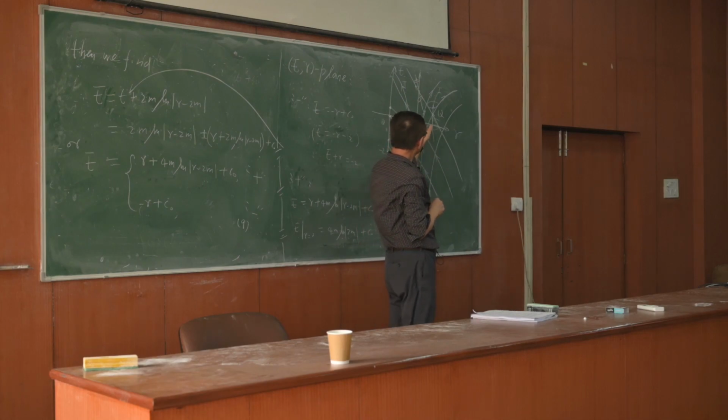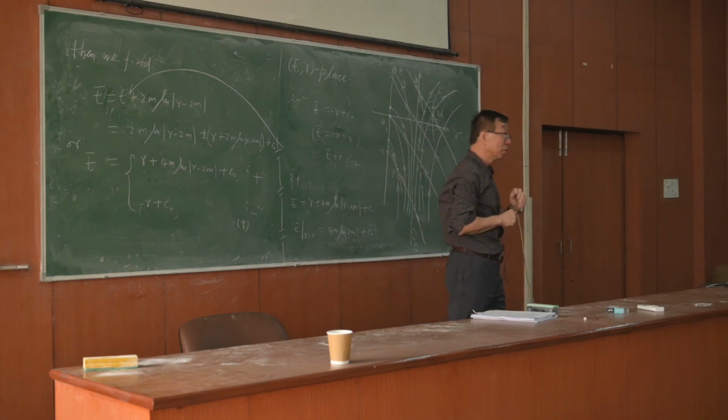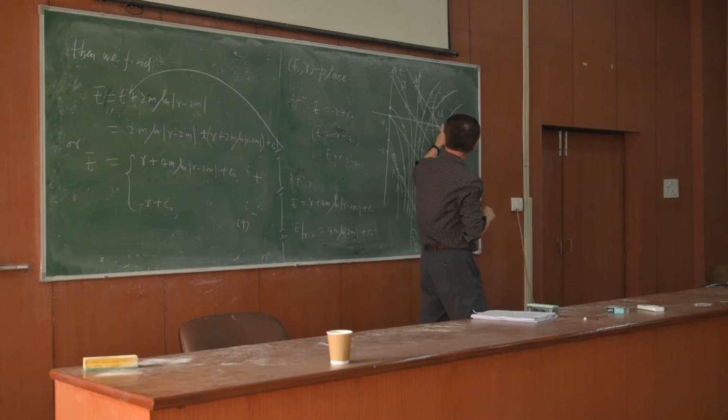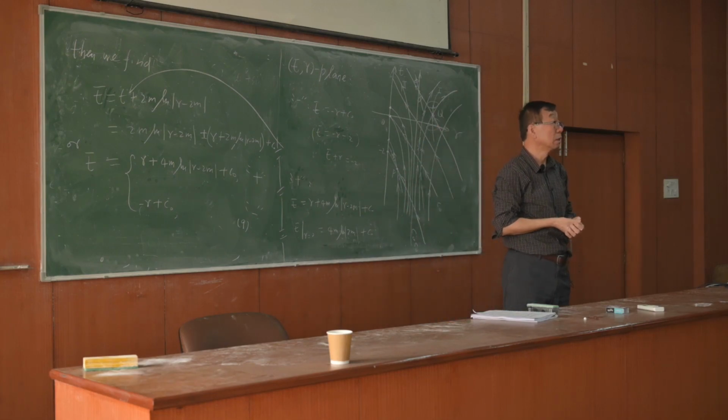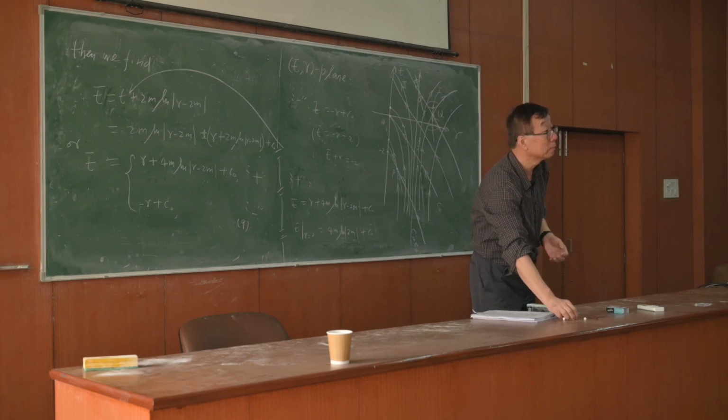If something hits r equals 2m, unless the particle has zero rest mass, like light, it has to get in. Light can stay on r equals 2m, but all other particles have to get in. There's no way to turn back. If I am outside the black hole, there is a chance for me to get back, because the light cone opens to the outside. Any questions on this part?